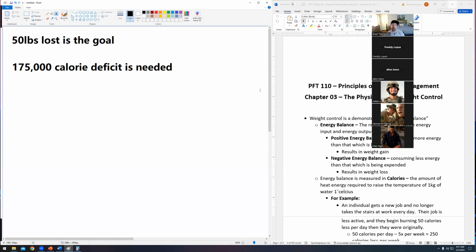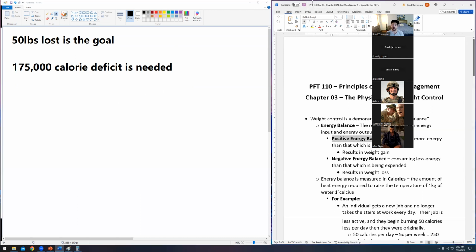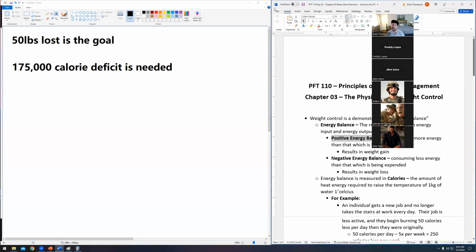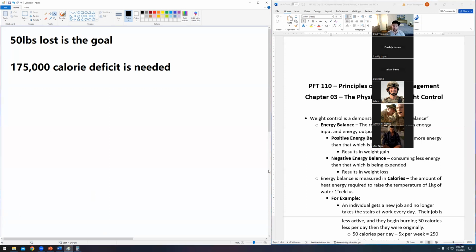They don't make any changes to their diet, but they start walking and burning an extra 250 calories per day. Great, cool. That's maybe getting up in the morning, going for a 30-minute walk or so, really aggressively pushing their pace, getting a little bit out of breath, so 250 calories a day.